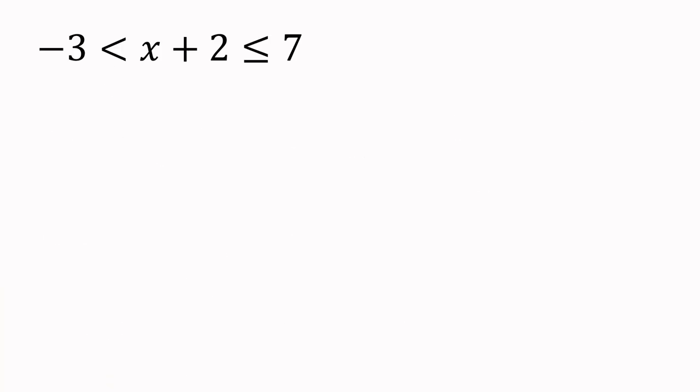For using the second method, we are going to solve this compound inequality in one step, and we are not going to separate them. So what should I do? I know that here in the middle variable expression, this 2 is extra. So somehow I need to eliminate that. So I'm going to subtract 2, and I must do exactly the same on all the sides. So I'm going to do that with this first side and last side.